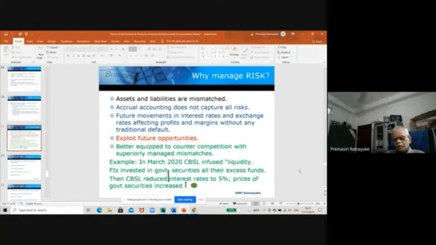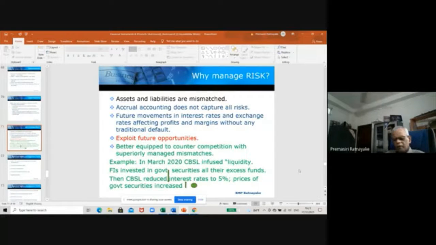So as you all know, the recent budget presented by the finance minister to the parliament also imposed a 25% surcharge tax on all those entities, especially banks, who make profit before tax in excess of 2 billion rupees, 2000 million rupees.